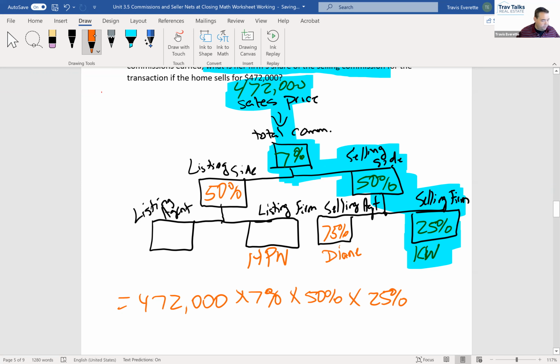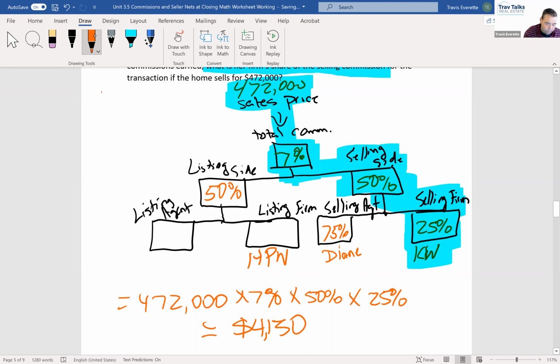So 472,000 times 7% times 50% times 25%. I'm going to check my math again, but I came up with $4,130. Let's check my math, make sure I'm right. 472,000 times 7% times 50% times 25%.